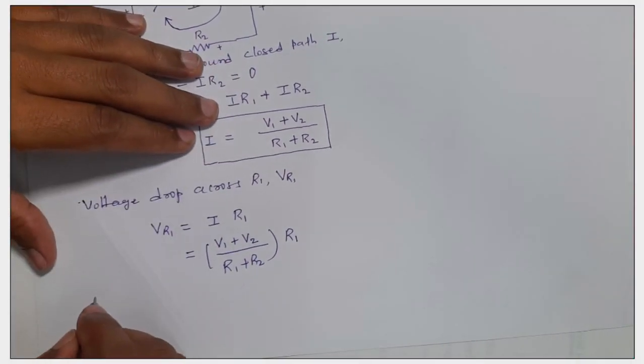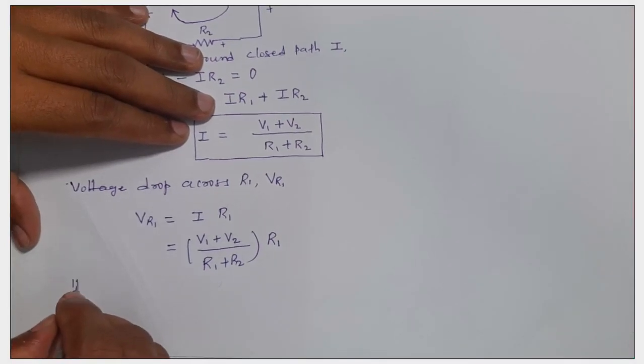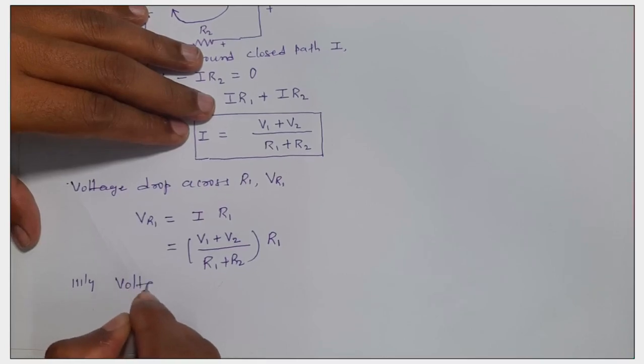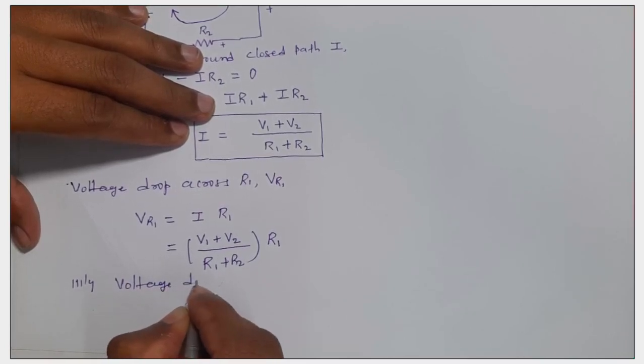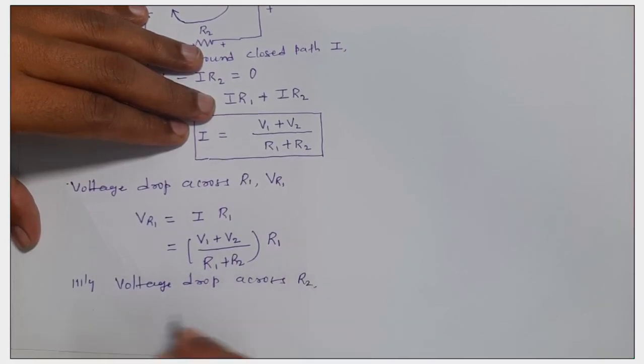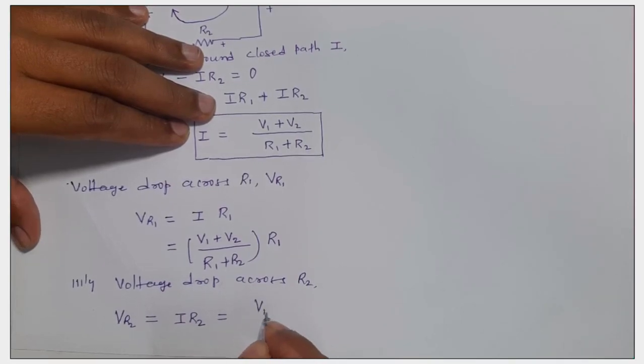Similarly, if you want the voltage drop across R2, which I call VR2, it will be equal to I into R2, which is equal to V1 plus V2 divided by R1 plus R2, right?